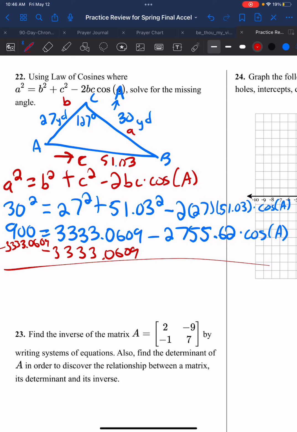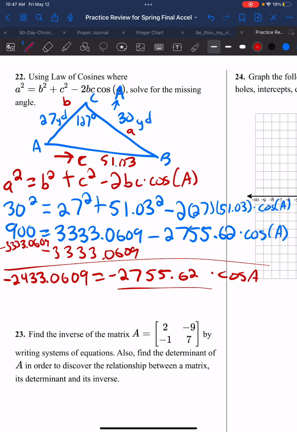It's going to give me negative 2433.0609 equals negative 2755.62 cosine A. I'm going to divide by that on both sides.